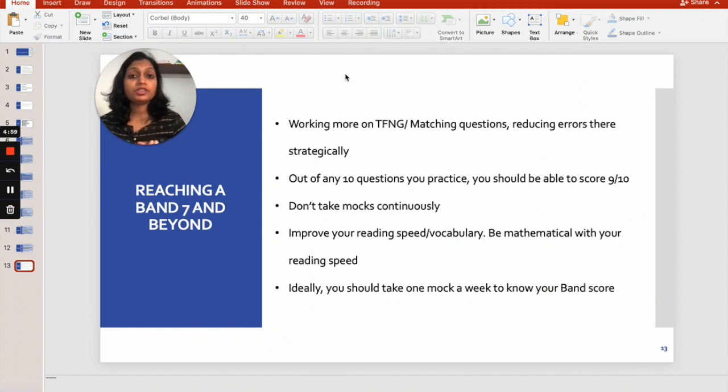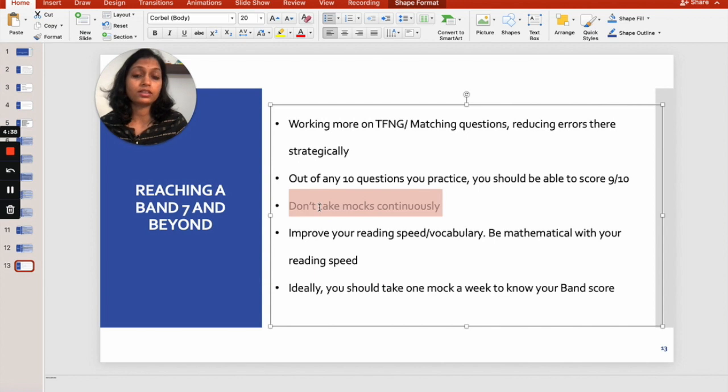Now, after you have done everything that it takes, improving your skills, improving your vocabulary, and improving your understanding of the working of the questions, you've done all of this, and you notice that your score is flat, it's not improving, there's a problem. So what you may be doing is taking mocks continuously, and that's a problem.